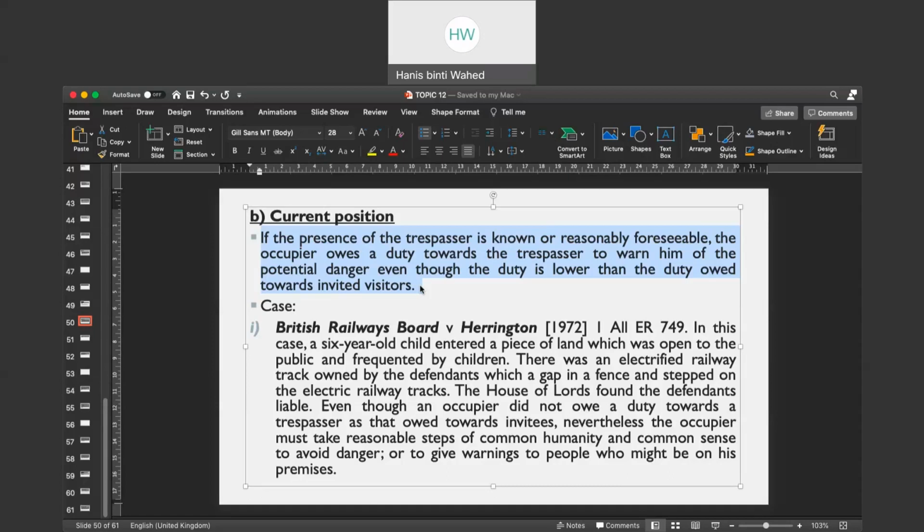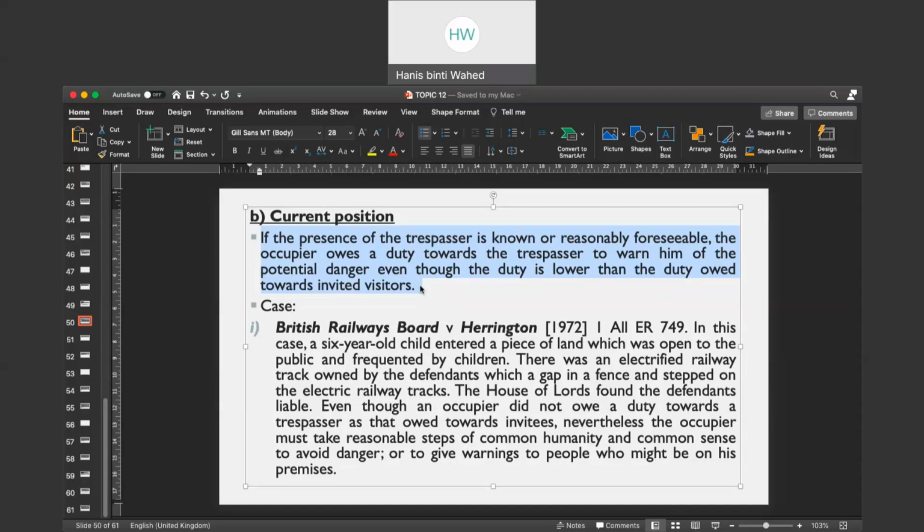Okay, but bear in mind that the duty of care owed is actually lower compared to the duty owed by an occupier towards other entrants that we discussed previously, the three entrants, ya. So the duty is to warn the trespasser of the potential danger in the premise.